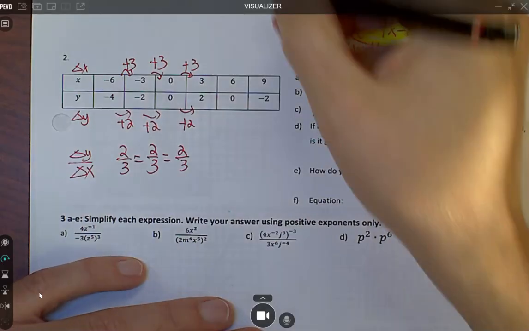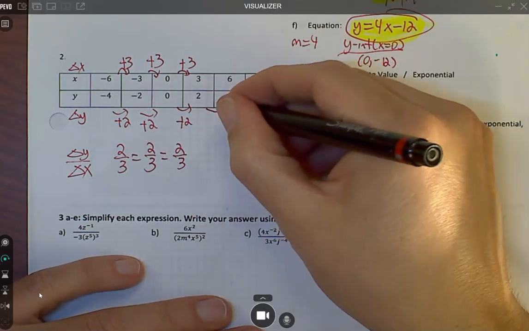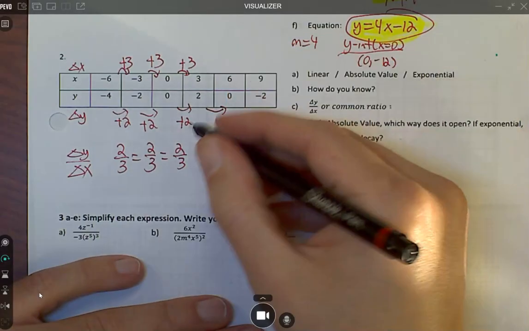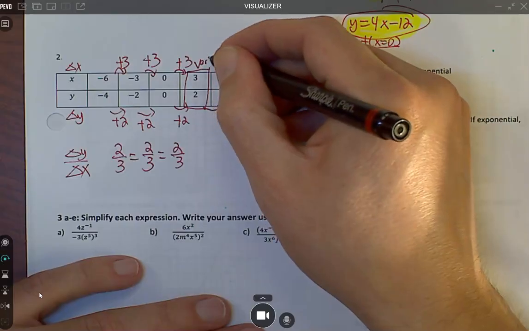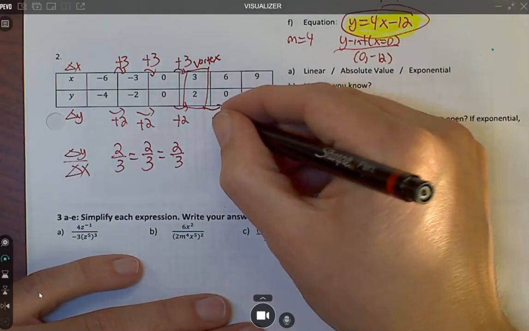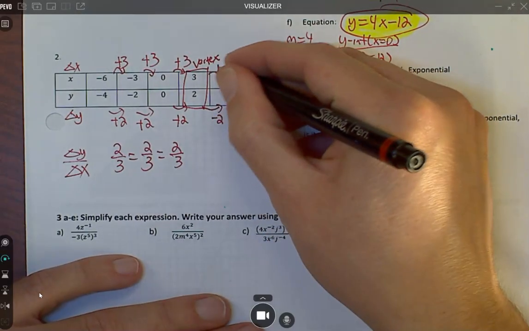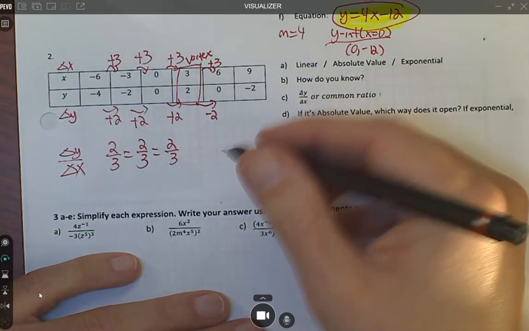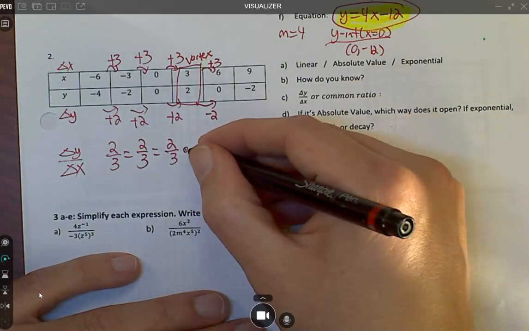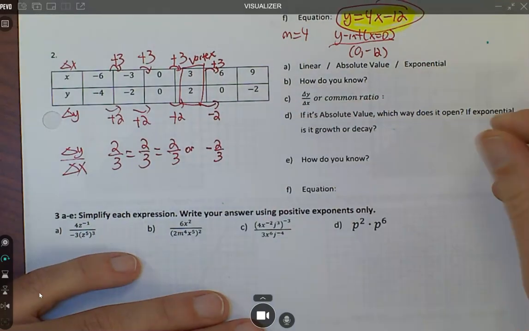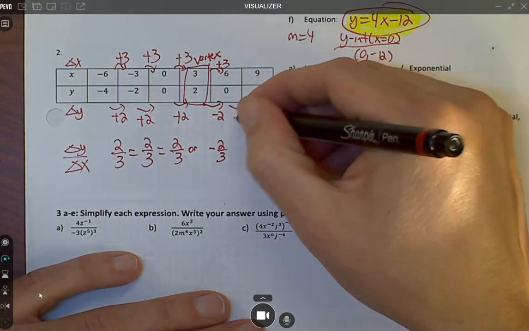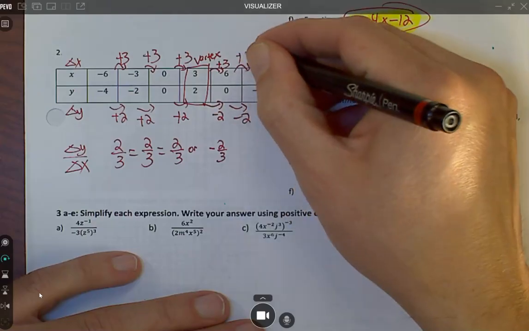Because now we're going down, so this makes this the vertex. It's the point that changes directions. See, it's negative 2/3 here. Down 2, up 3.